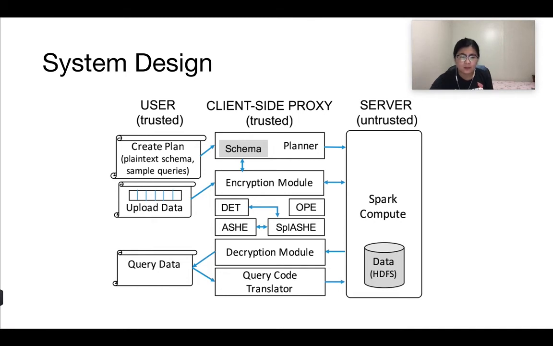The untrusted server and the Seabed client-side proxy mainly use the additive symmetric homomorphic encryption algorithm combined with SPLASHE.